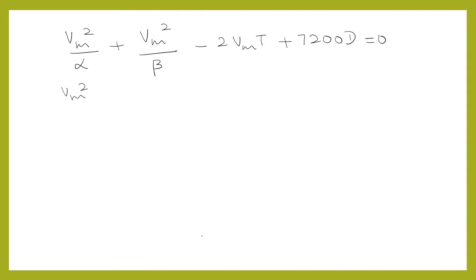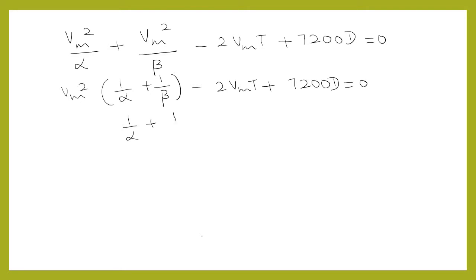So we get Vm square into 1 by alpha plus 1 by beta minus 2 Vmt plus 7200 D equal to 0. Substitute k for 1 by alpha plus 1 by beta. So we get Vm square k minus 2 Vmt plus 7200 D equal to 0.